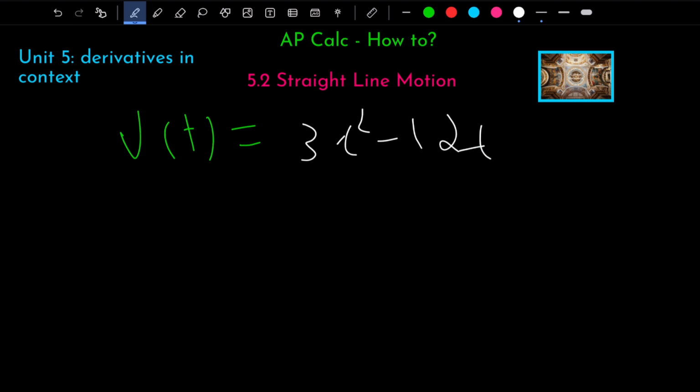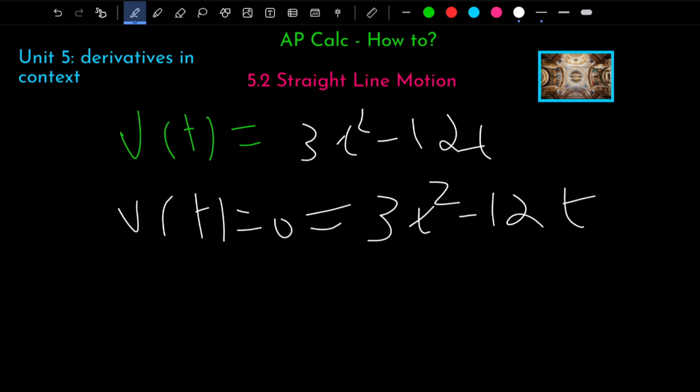So basically we have to see when the velocity is positive or negative. Let's solve by setting this equal to 0 to find our critical points. Now when v equals 0, t is going to equal 0 or 4 to make this statement true.